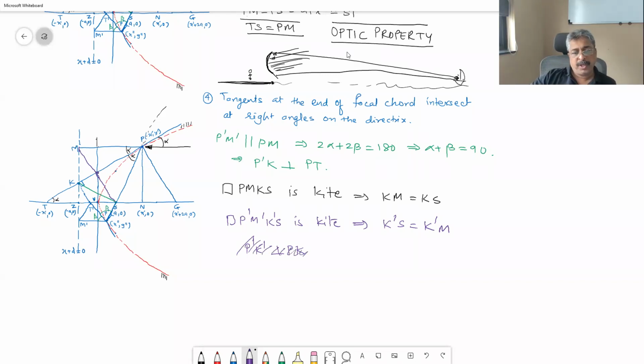Now, because PMKS is a kite, measure of angle KSP is equal to 90.